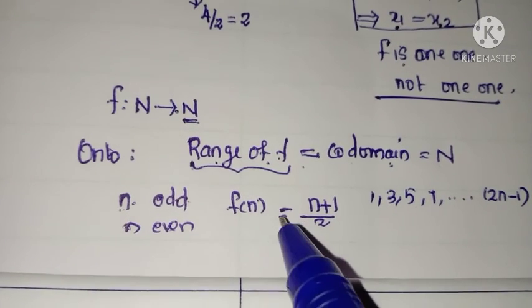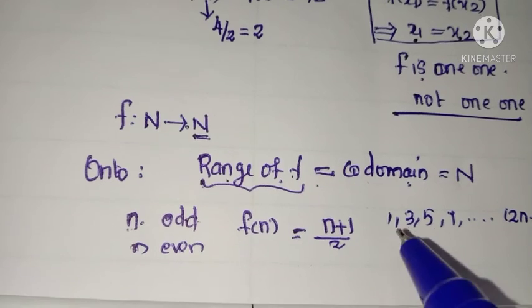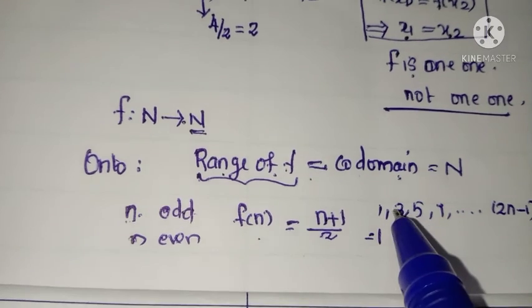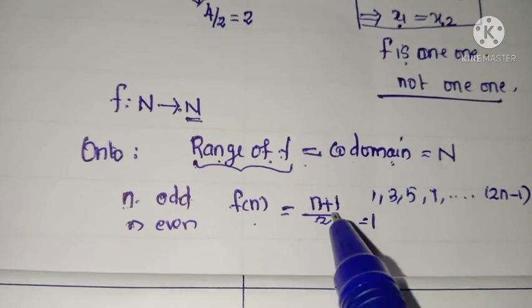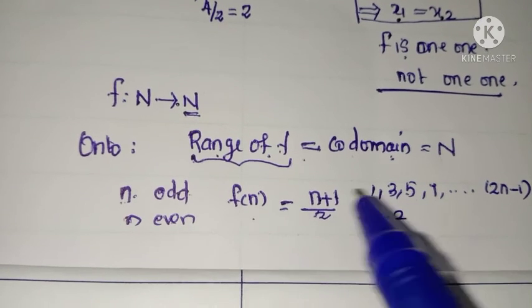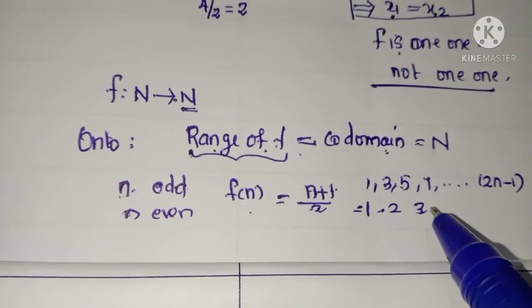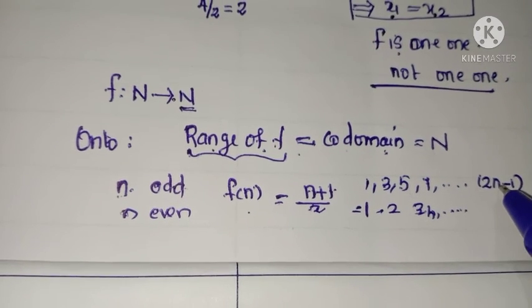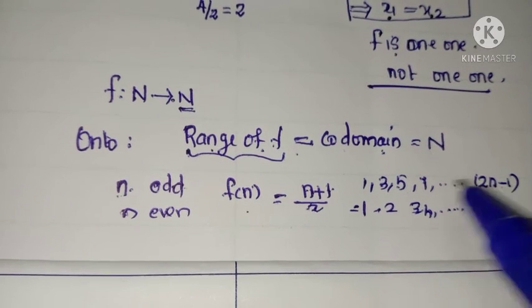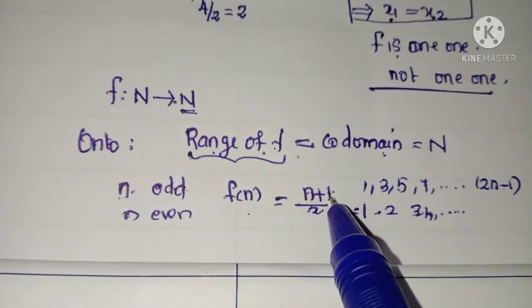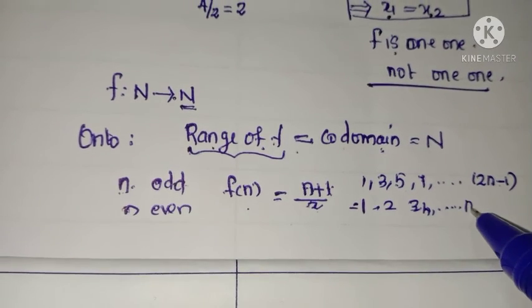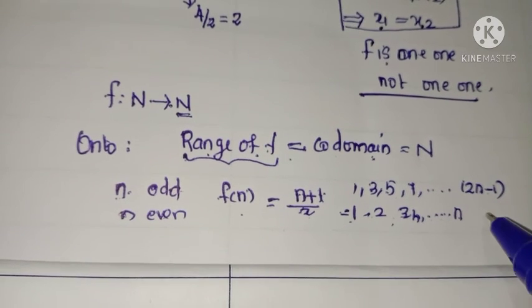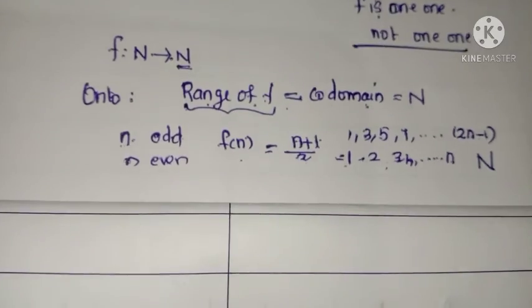If we put all these values here, f of 1 is (1 plus 1) by 2, that is 1. f of 3 is (3 plus 1) by 2, that is 2. f of 5 is (5 plus 1) by 2, that is 3. f of 7 is (7 plus 1) by 2, that is 4, etc. If we put 2n minus 1 here, (2n minus 1 plus 1) is 2n by 2, that is n. So 1, 2, 3, 4, 5, etc. up to n means all these numbers are the set of all natural numbers.